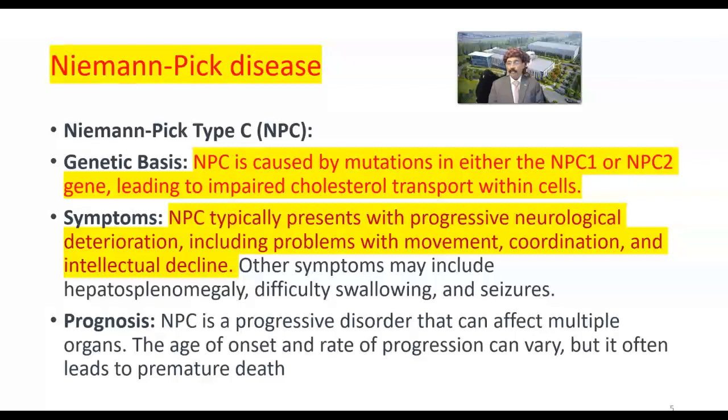It is rarer than type A and B, but it is more lethal. Niemann-Pick disease C is a progressive disorder that can affect multiple organs. Age of onset and rate of progression can vary, but it often leads to premature death. So this is Niemann-Pick type C disease, NPC. We have mutations in NPC1 and NPC2.